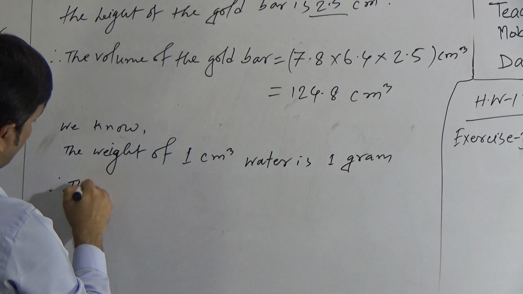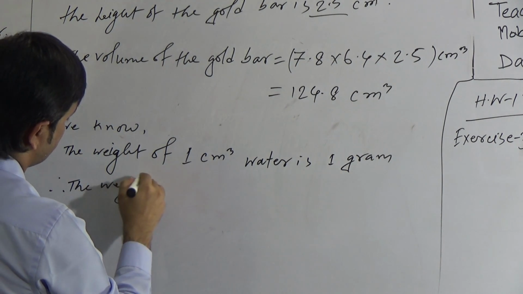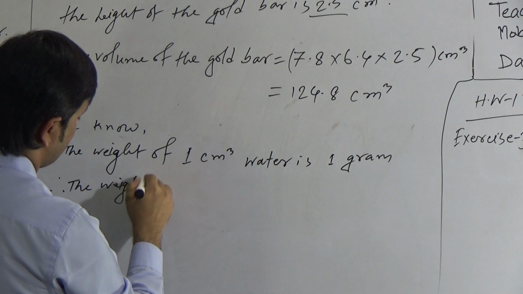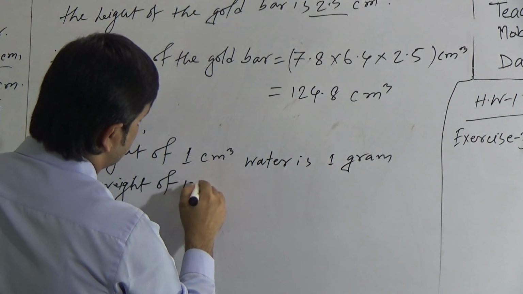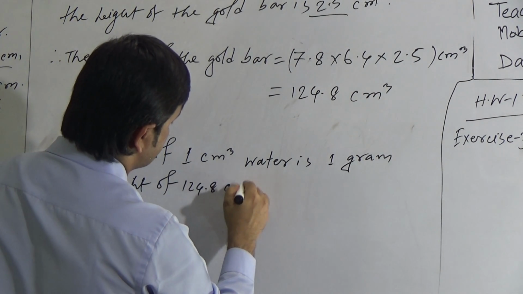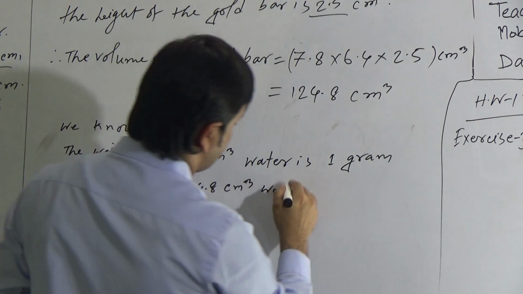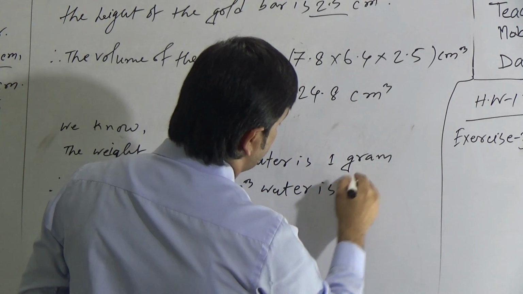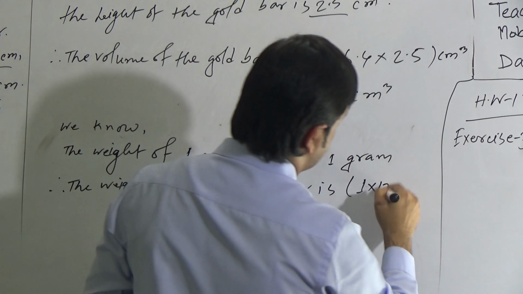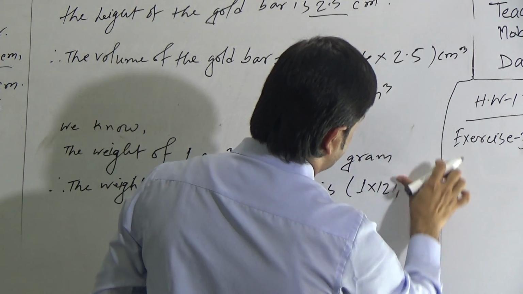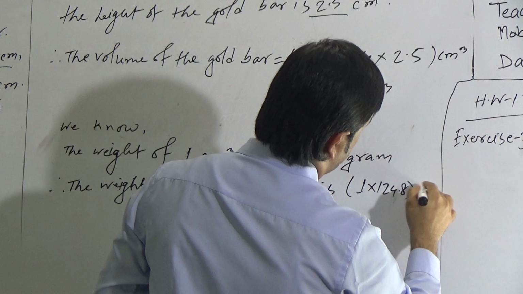Therefore, the weight of 124.8 cubic centimeter water is, we have to multiply by 124.8 gram.